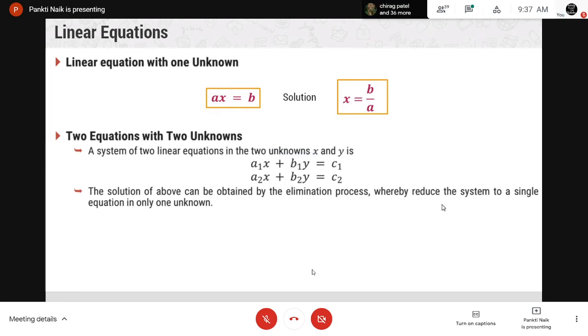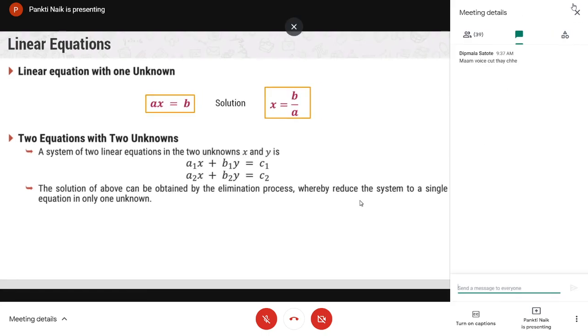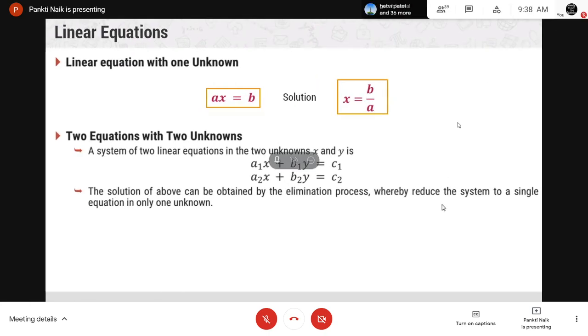Then another question may be: what are the steps that need to be followed in designing an algorithm, right? So these are some questions which may be asked.